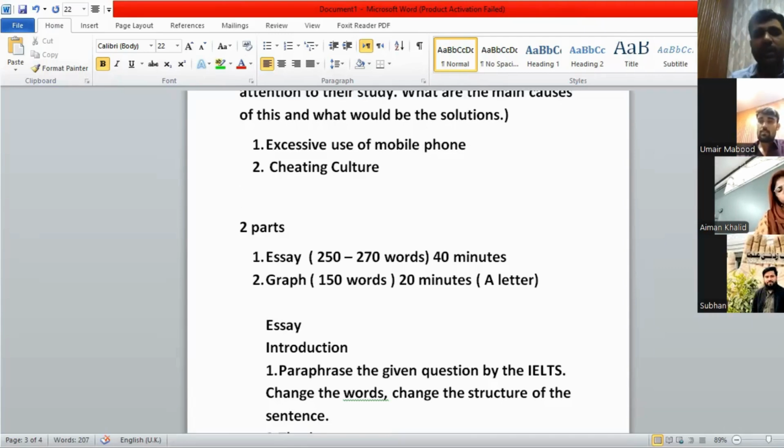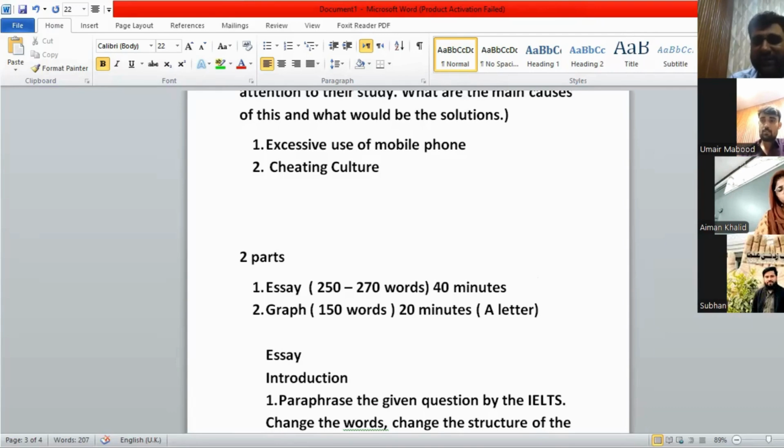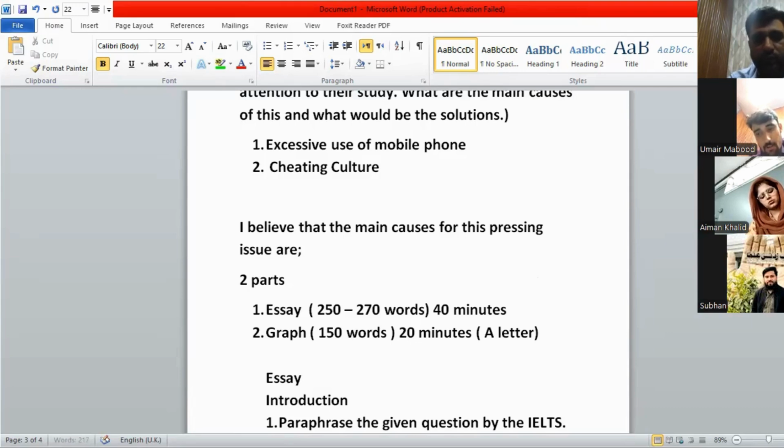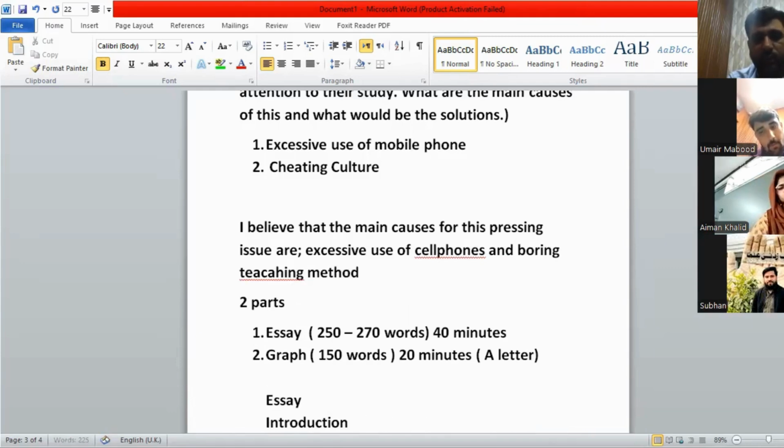That's great. So now, if you want to make a thesis statement, you would say, I believe that the main causes for this pressing issue are excessive use of cell phones and boring teaching methodology.